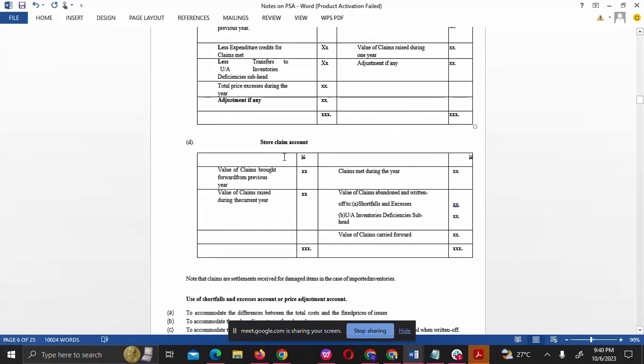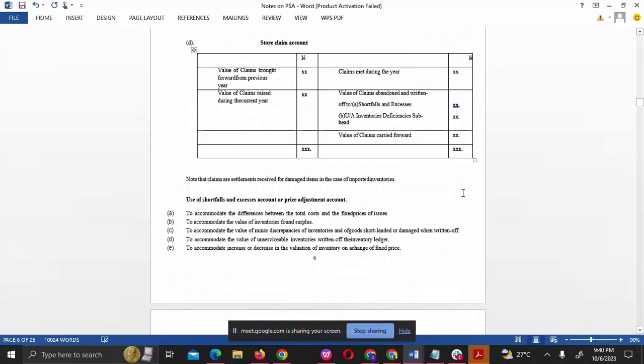Also you have the stock claim account, which has value of claim brought forward from the previous year on the debit side, value of claims raised during the year on the debit side, claims met during the year on the credit, values of claims abandoned and written off subject to shortfall and excesses account on the credit, unallocated inventory deficiency subhead on the credit, and then values of claims carried forward.